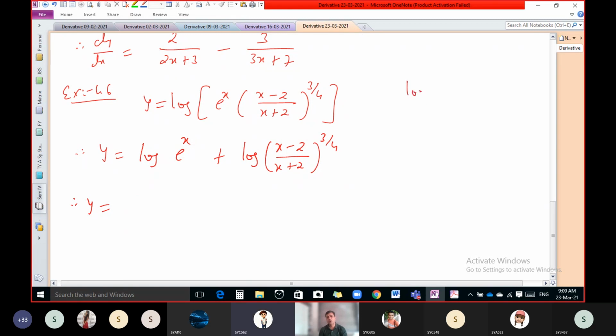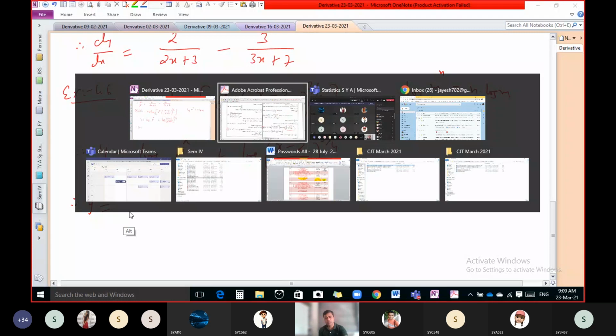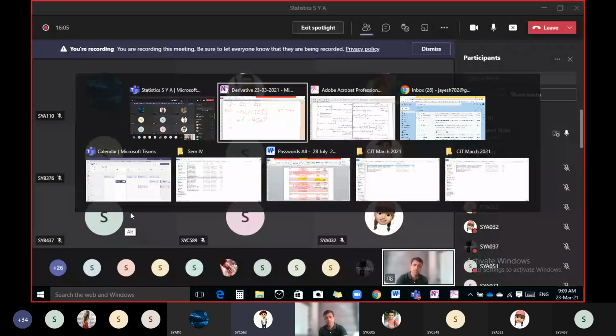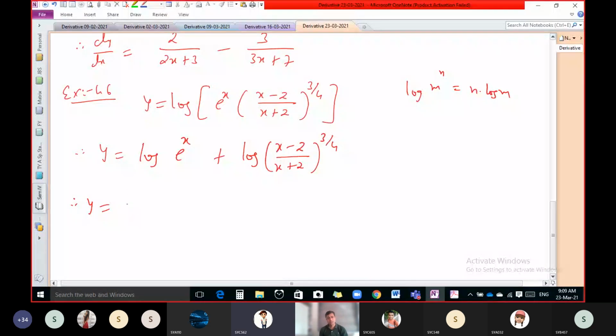There is a rule: log m^n equals n log m. So the simplification of this is x log e.